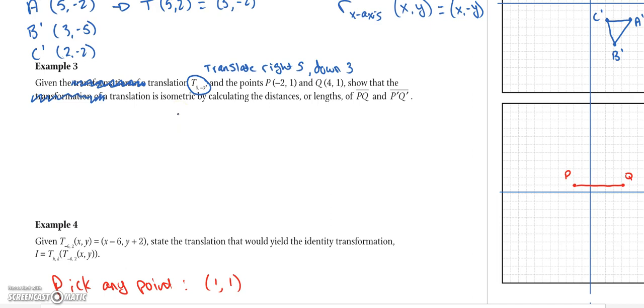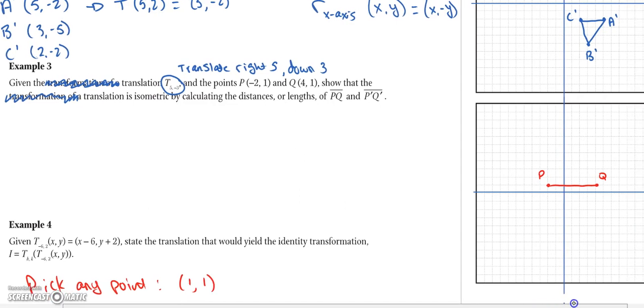All right, first things first, let's plot these. So I have P and Q over here, and I connected them so it's a line segment. Now let's actually translate and show those new coordinates.